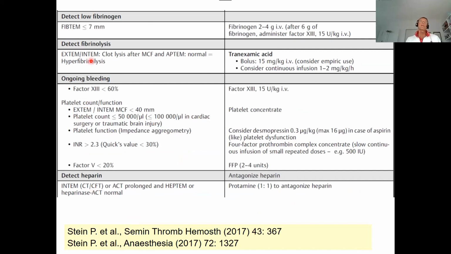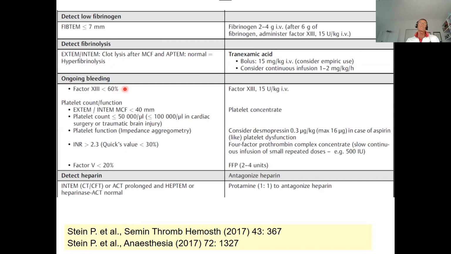So if the FIBTEM had an MCF, a maximal clot firmness, of less than 7 millimeters, we gave fibrinogen 2 to 4 grams IV. If we detect signs of fibrinolysis, we add tranexamic acid.